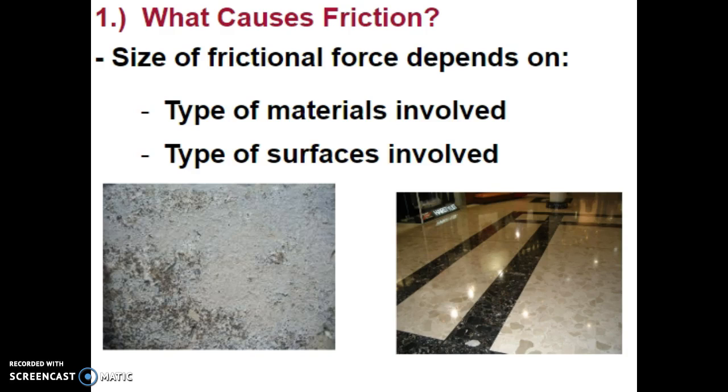If you were to roll a ball, for example, across the nice shiny marble-looking floor on the right, and on the concrete in the image on the left, there will be a higher frictional force with the concrete because there are more nooks and crannies and rough surfaces to slow down that ball as it rolls. Whereas on the nice smooth tile, there is still friction, but the frictional force is much, much less.